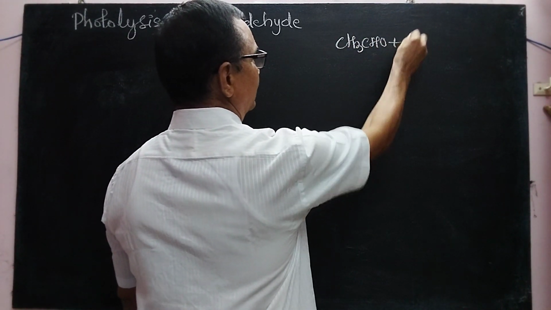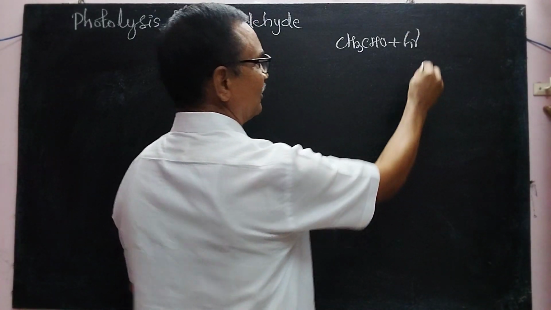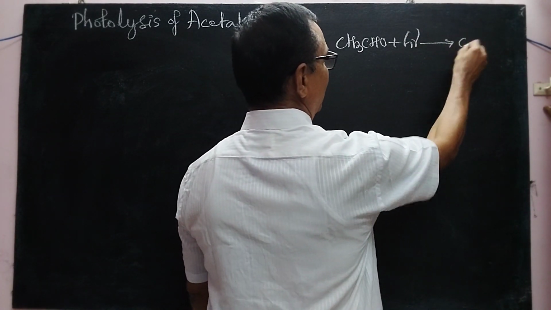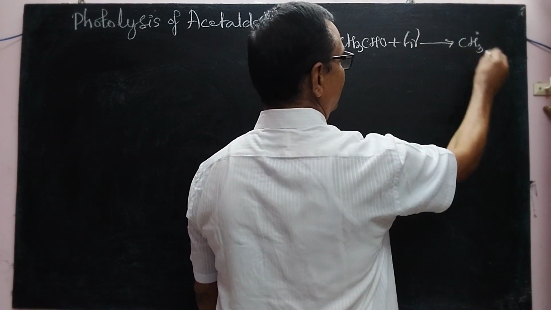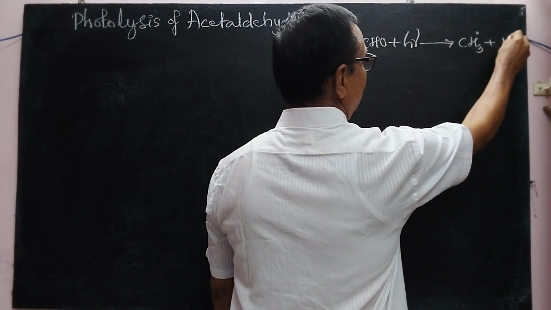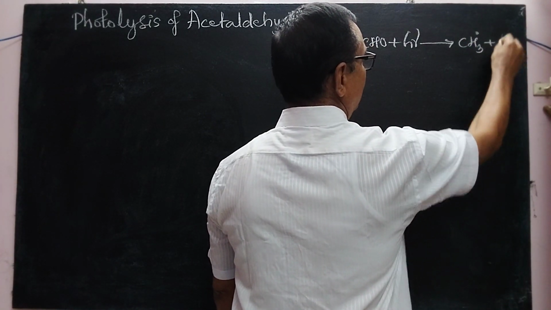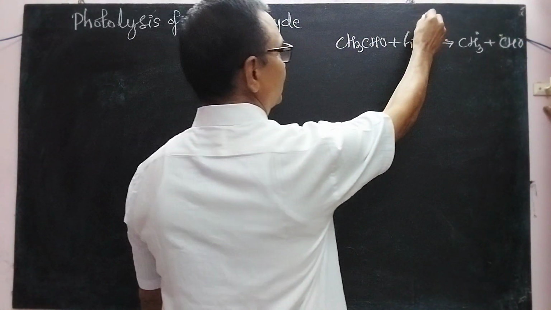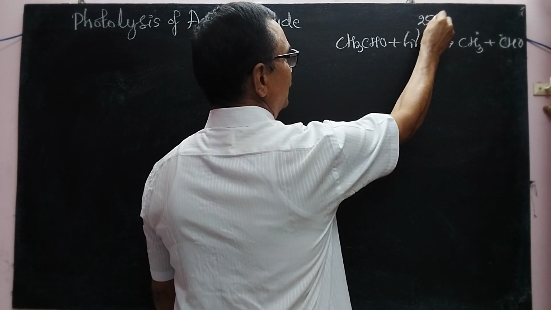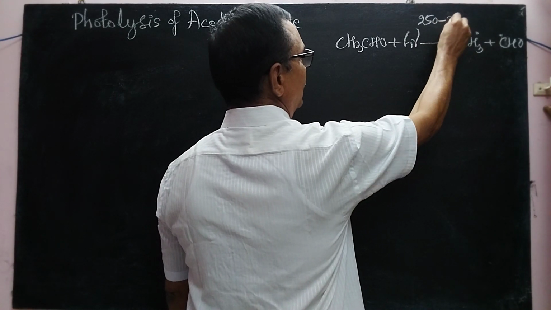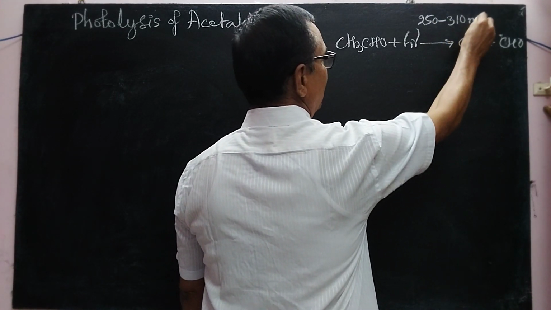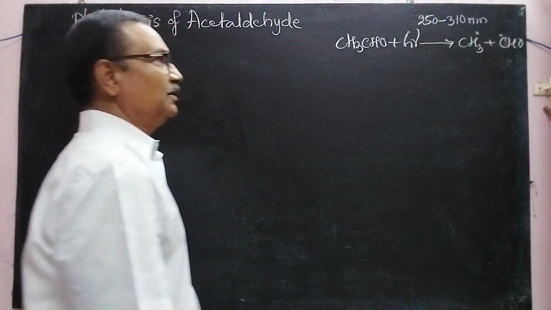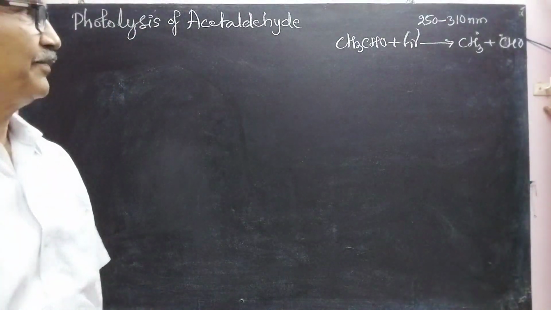CH3CHO takes one quantum of radiation and forms CH3, a free radical, and another free radical, CHO. This reaction takes place between 250 to 310 nanometer.